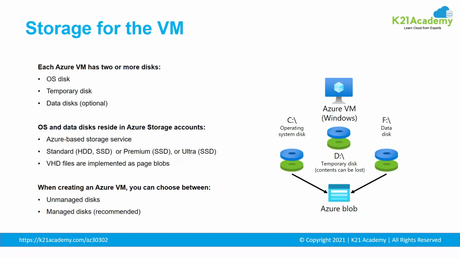When you create a disk, you will have two options for managing the relationship between the storage account and each VHD. You can either go for an unmanaged disk or the managed disk, which is the recommended option. With an unmanaged disk, you are responsible for the storage account that is used to hold the VHDs that correspond to your VM disk.